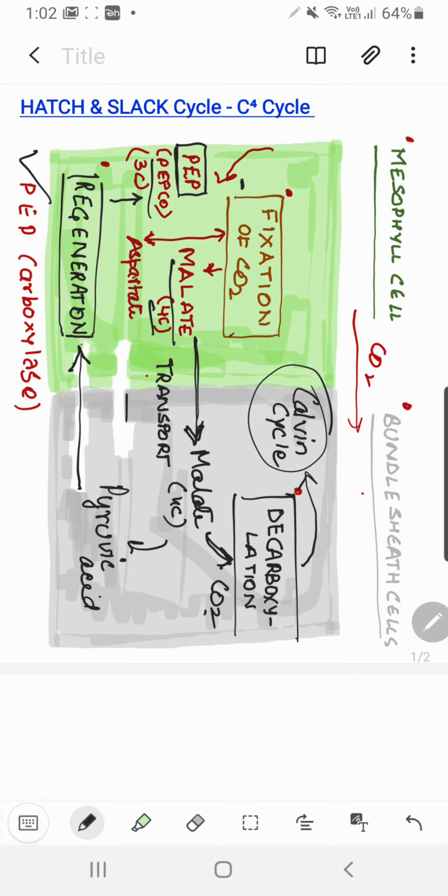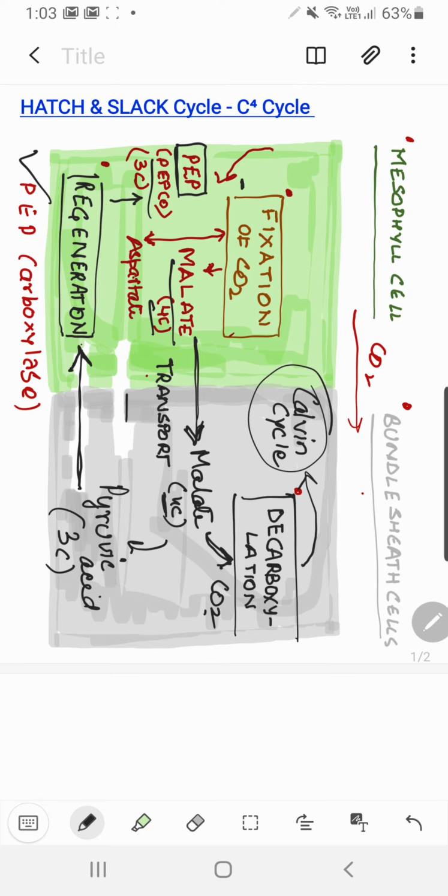And once it is out of those 4 carbon atoms, again this is a 3 carbon atom compound, pyruvic acid. This pyruvic acid comes back to the mesophyll cell and helps in regeneration of phosphoenol pyruvate by consuming ATP, and then this phosphoenol pyruvate, with the help of PEP carboxylase, again follows the same cycle, right?